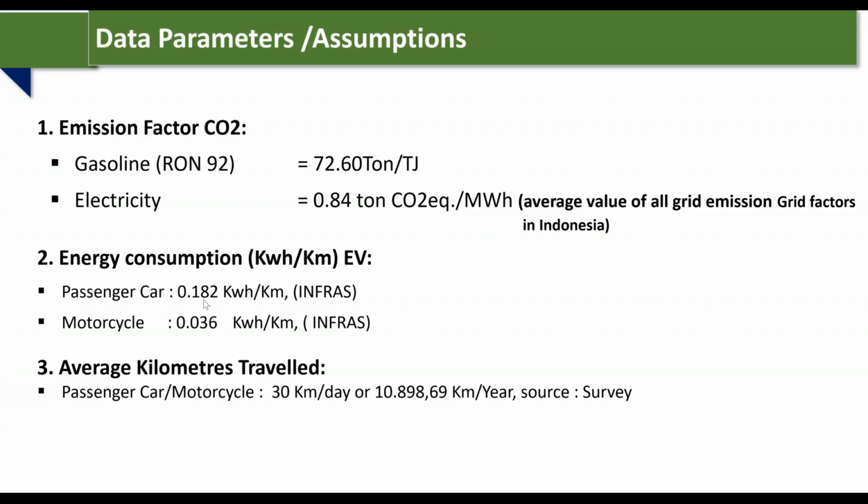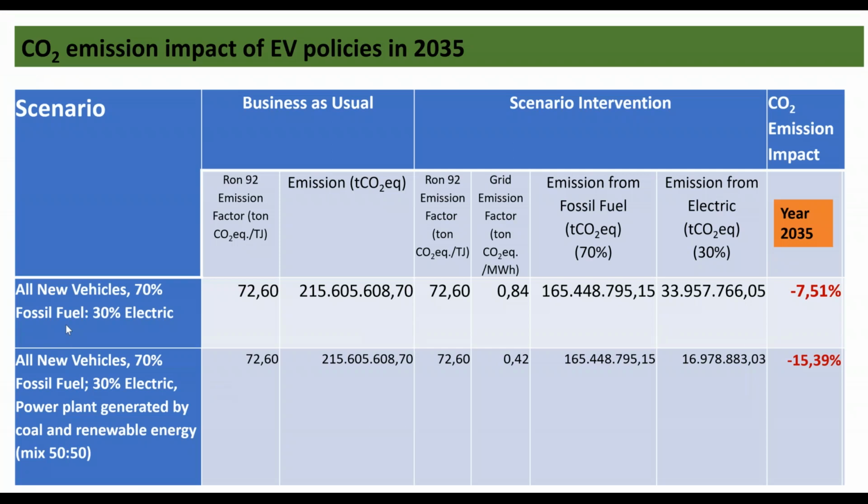For passenger cars, 0.182 kilowatt hours per kilometer, while for motorcycles, 0.0636 kilowatt hours per kilometer. And the average distance traveled, according to our survey, is around 30 kilometers per day, or 10,898 kilometers per year.